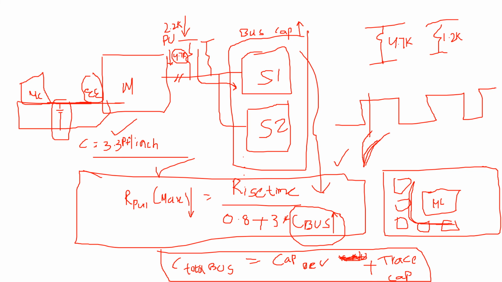Close meant not very close, similar to how we have oscillators, that is not feasible. So as close as possible, and then route with smaller traces. But if the EPROMs had to be placed far away, then the bus capacitance comes into the picture, and based on that we have to adjust the pull-up resistance, or if the number of devices has increased.